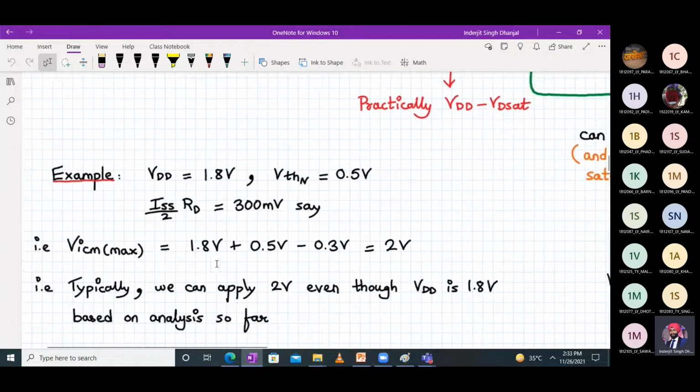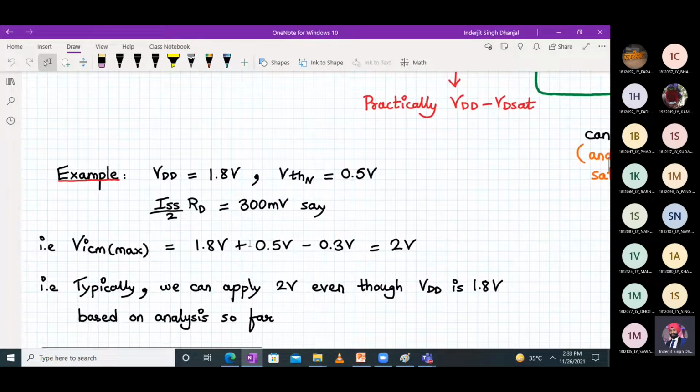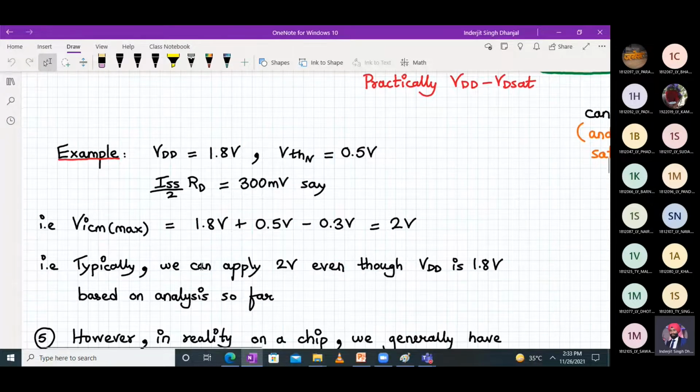So 1.8 plus 0.5 is 2.3, minus 0.3 will be 2 volt. So we are saying that we can apply 2 volt, even though VDD is 1.8 volt, based on the analysis so far, which is rarely the case.